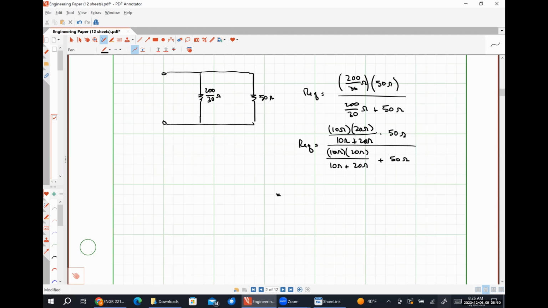And so that would be 10 ohms times 20 ohms times 50 ohms, and then that would be 10 ohms times 20 ohms plus 50 ohms times 10 ohms plus 20 ohms.